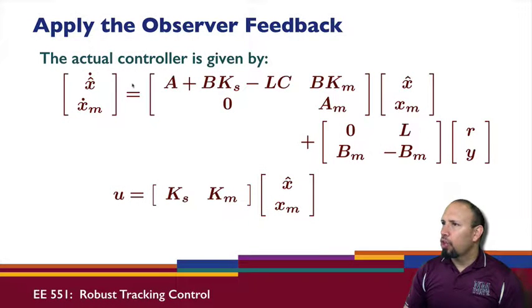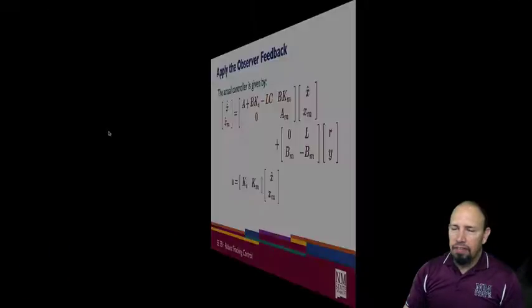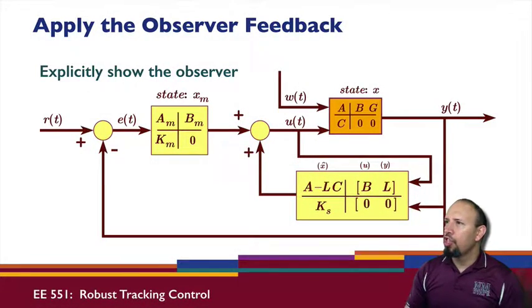The actual controller, which includes the observer and the tracking model, is going to be of this form. Here is the control signal output. Notice that the controller takes in both R and Y. Here's a block diagram that shows explicitly the observer.